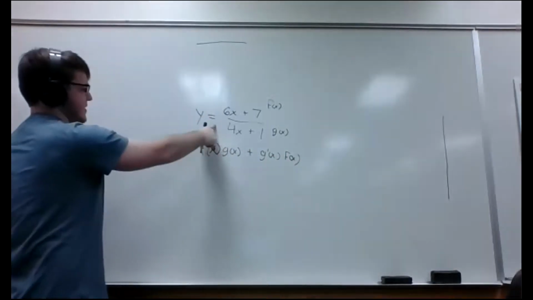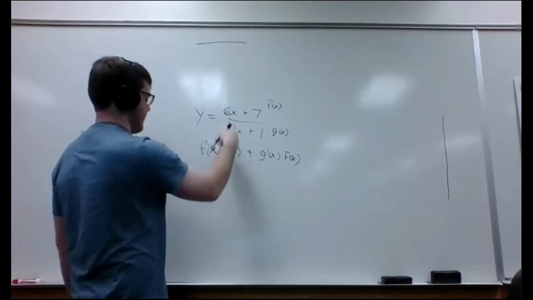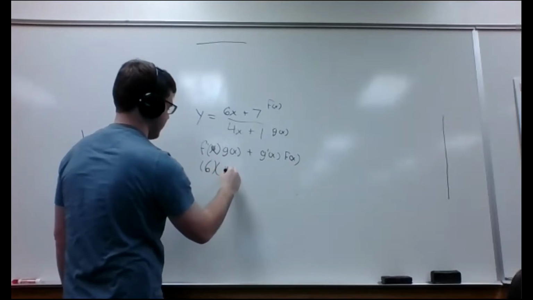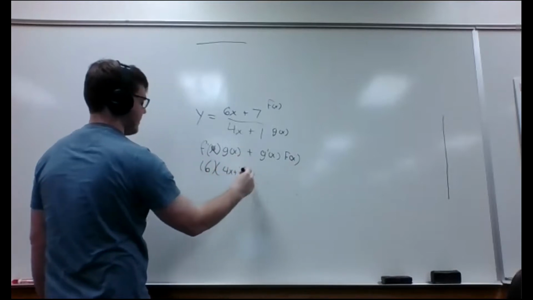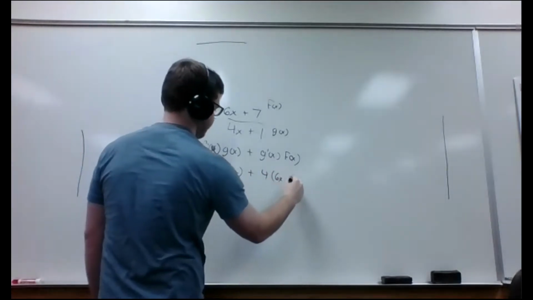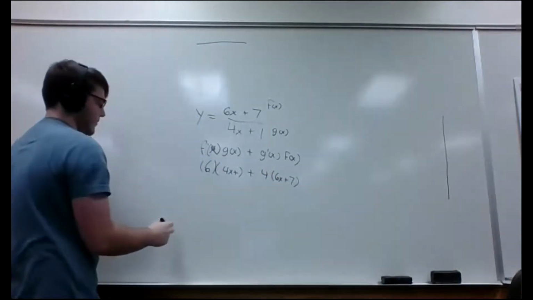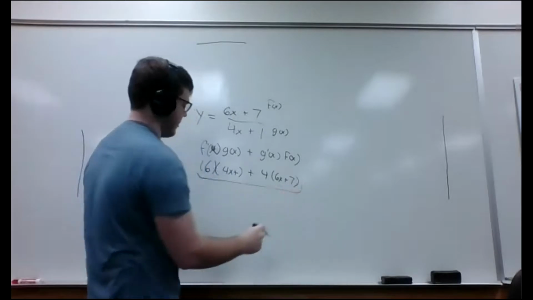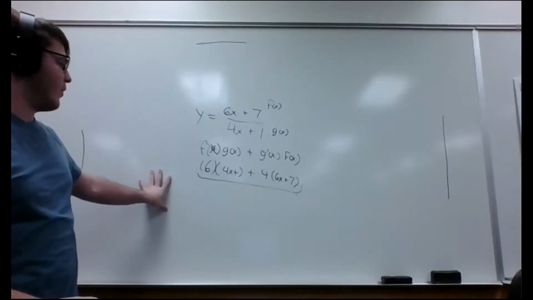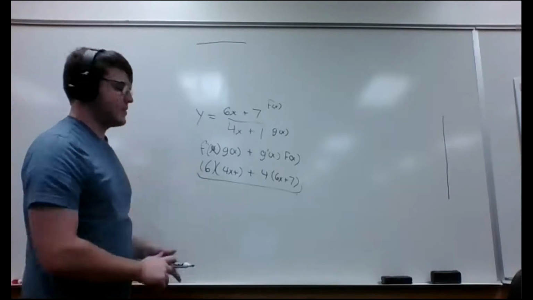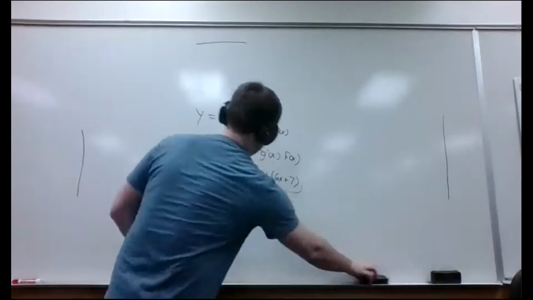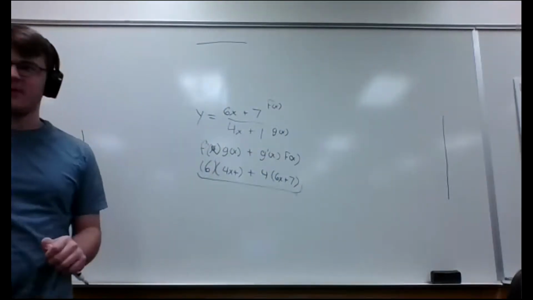This one is really simple because it's pretty simple to find the derivative, so it's going to be 6 times 4x plus 1 plus 4 times 6x plus 7. And if we wanted to, we could multiply this out, but I think this covers it. The quotient rule is pretty simple, but there are questions with quotient rule problems in them, so I would review it. You guys have any questions on this or no?